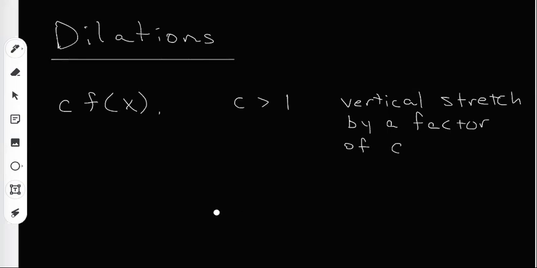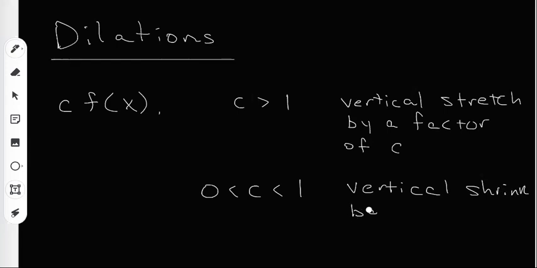Another thing we need to talk about is shrinks. So if c is between 0 and 1, that means you're doing a vertical shrink by a factor of c.